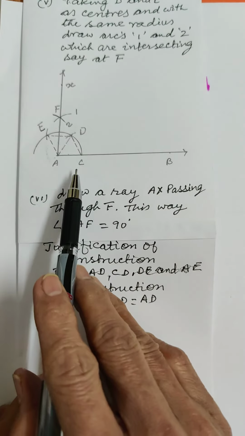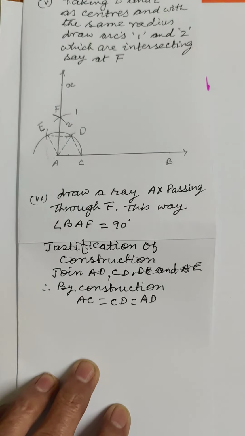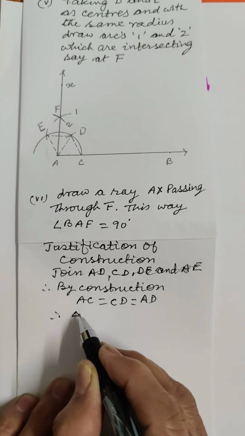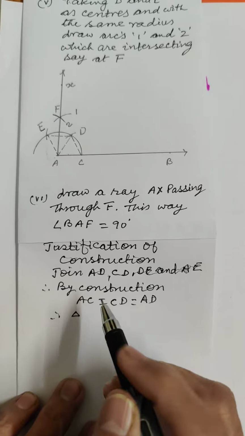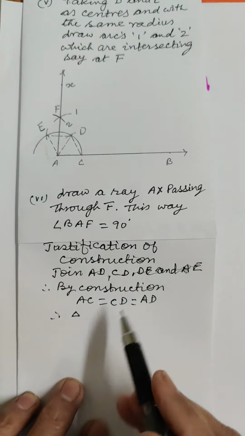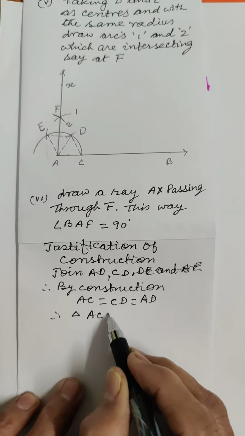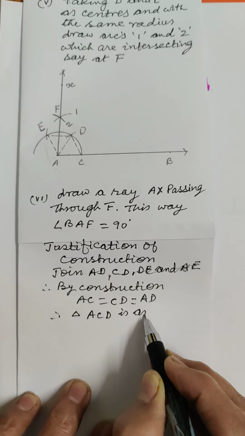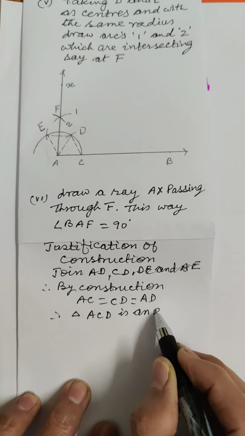AC is equal to AD and CD, all are equal. Therefore triangle ACD is an equilateral triangle.